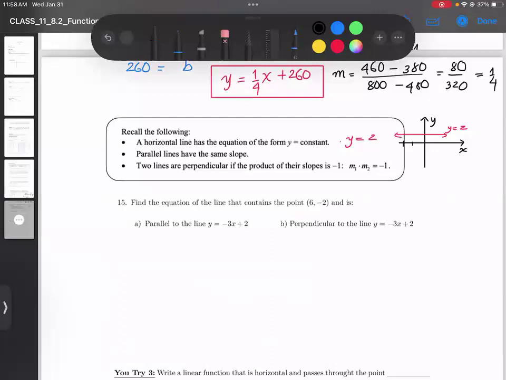In other words, m1 and m2 are opposite reciprocals. They have opposite signs and are reciprocals.